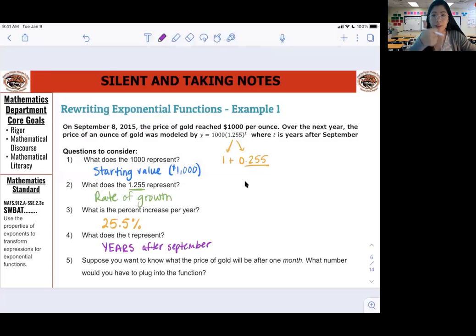Is it years? Is it months? Is it weeks, days, hours? Because it's going to matter what you plug in. Let's say you want to know the price of gold after 1 month. What are you going to have to plug into the function?